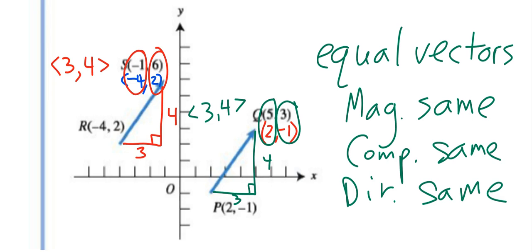Okay, now, if I asked you about 3, 4 and negative 3, 4, are those equal vectors? No, they are not. They're not?